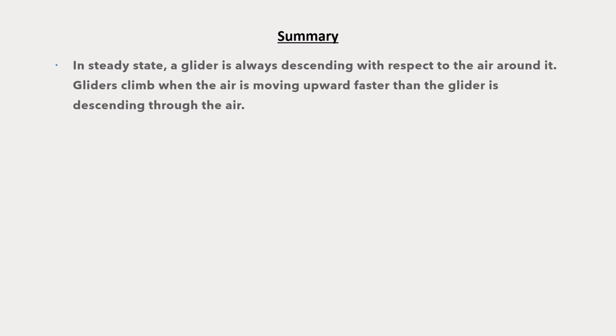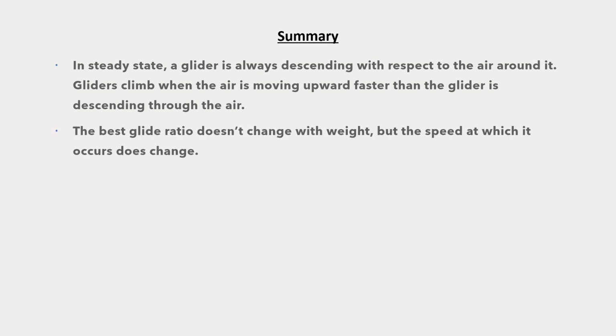In summary, the things that you really need to remember from this lesson are that in steady state, a glider is always descending with respect to the air around it. The reason that you can climb in a glider is because the air around the glider may be rising faster than what you're descending through it, and that allows you to climb. But relative to the air around you, you are descending.